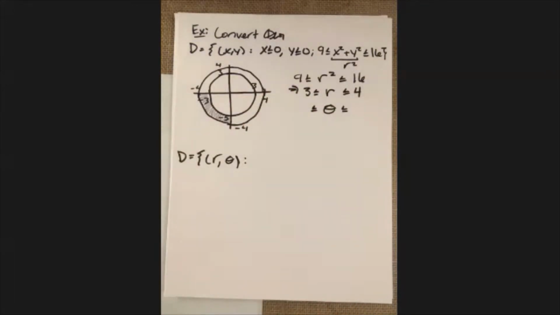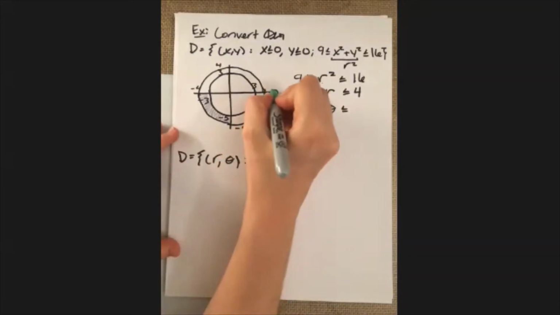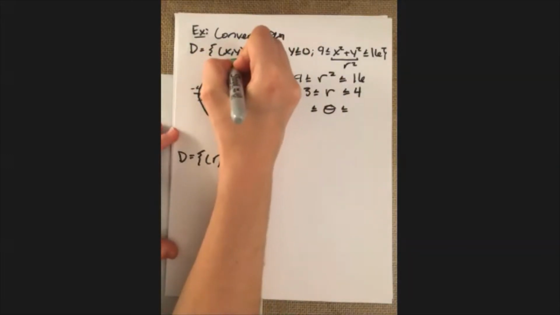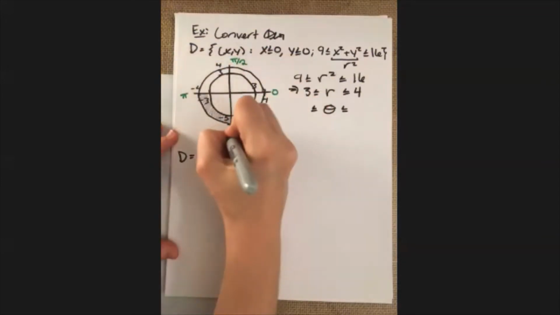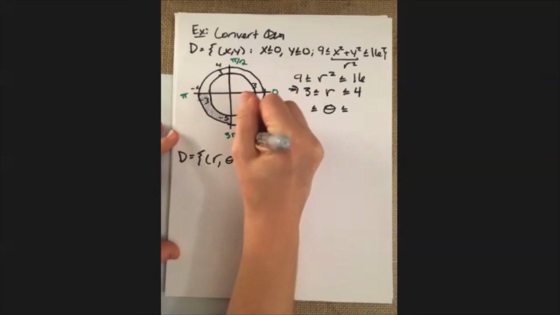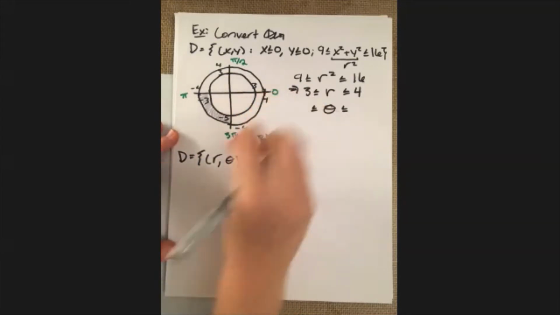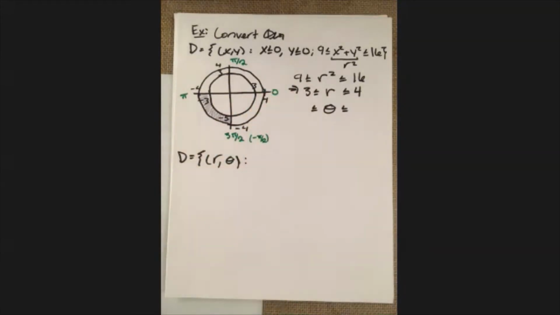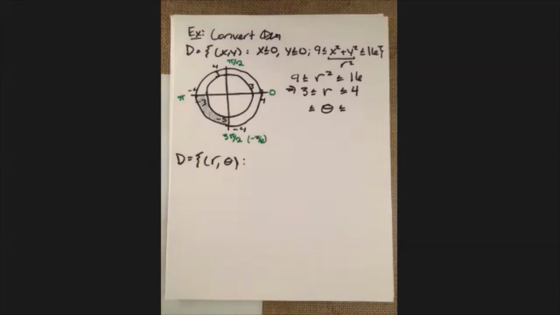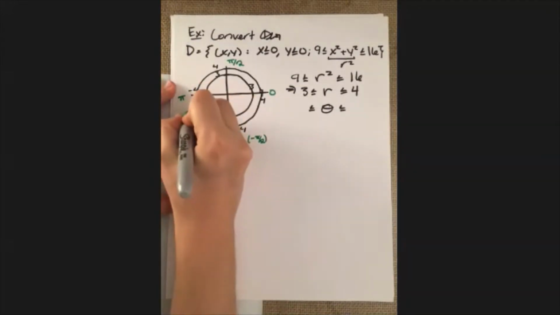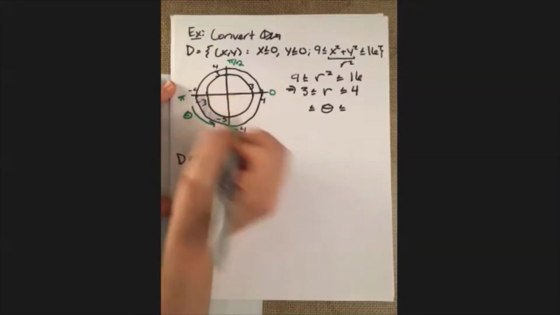And we can apply the same logic that we did earlier, where we still have the 0, the pi over 2, and then pi is right here, and then 3 pi over 2 is right here, or we can say negative pi over 2. But I think in this case, we're going to want that 3 pi over 2. So we really just want the region that sits between pi and then goes down to 3 pi over 2, which means that we want theta to be kind of along there.